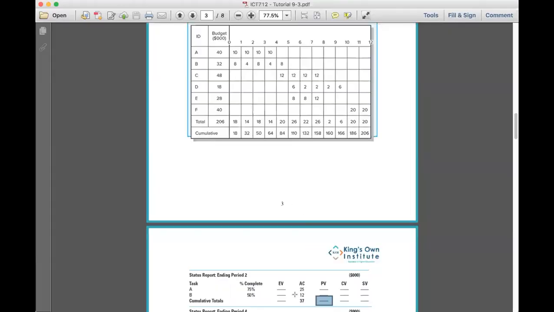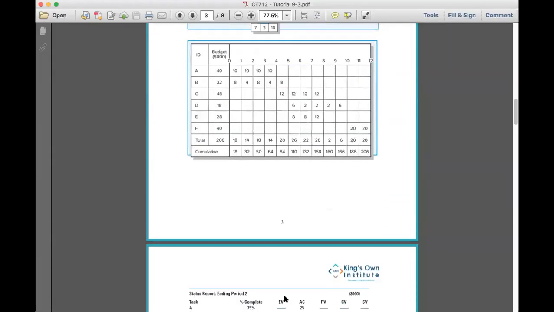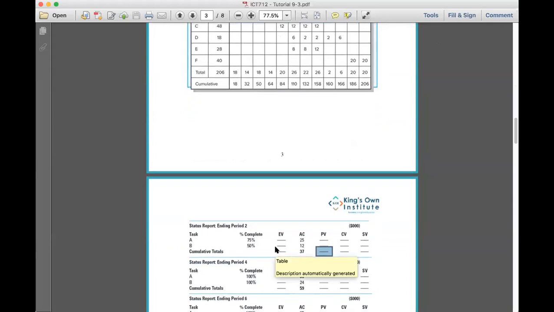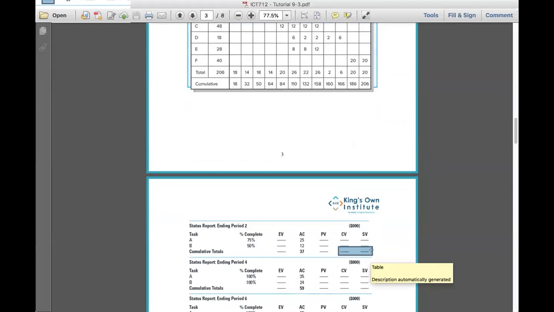Okay, so you told me for this question, earned value is 46, planned value is 32, cost variance 9, and schedule variance 14. So we're currently doing well in terms of costs and budget, correct? Yes.